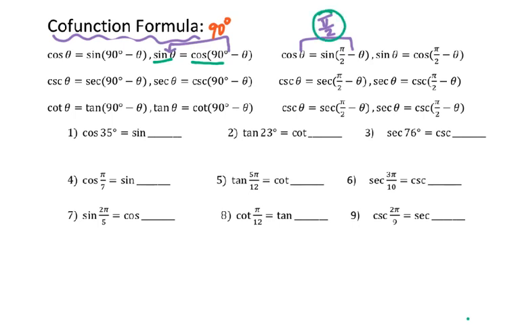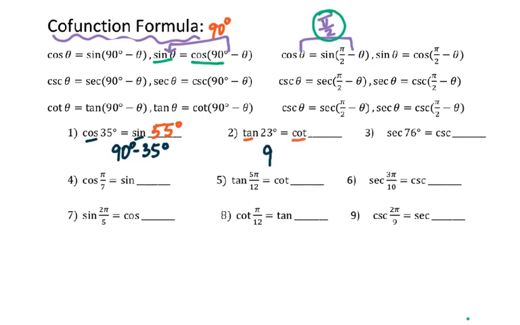For example, for cosine 35 equals sine, these two are cofunction. So I got to do 90 degree minus 35 degree. That's the answer will be 55 degree. For number 2, for tangent to cotangent, they are cofunction.